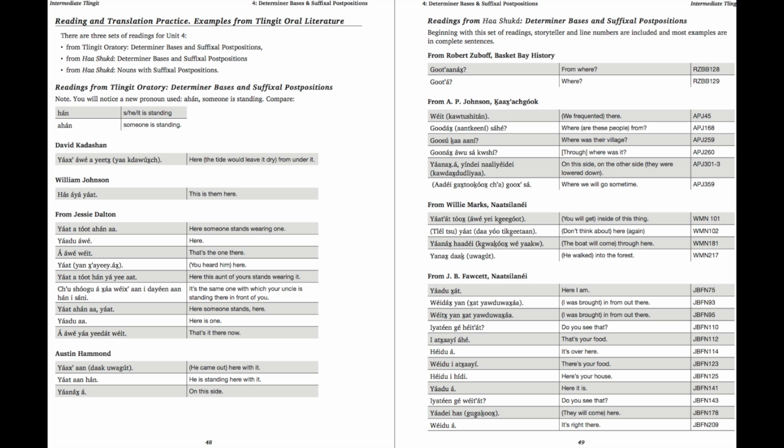Yat atut ahan ah. Ya and T again. In this case, ya could just mean here, this space. The T would mean to be located at, to be touching or arriving at. Is hun like stand?